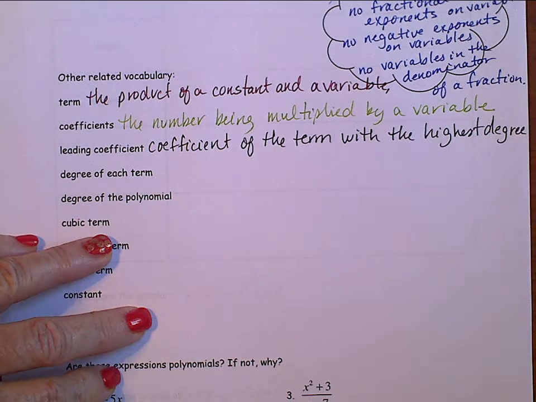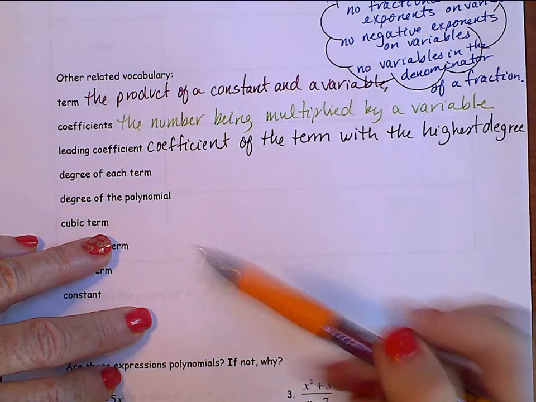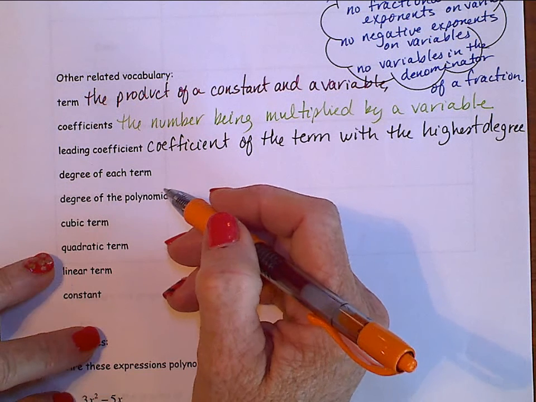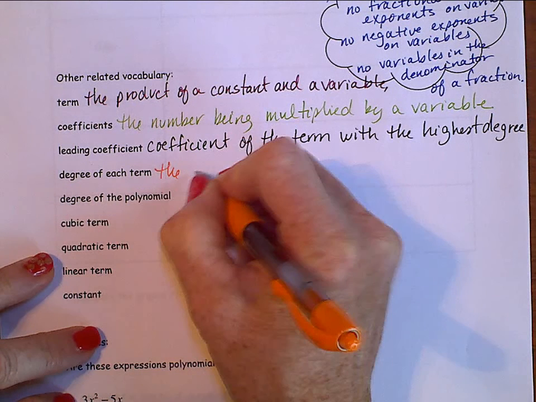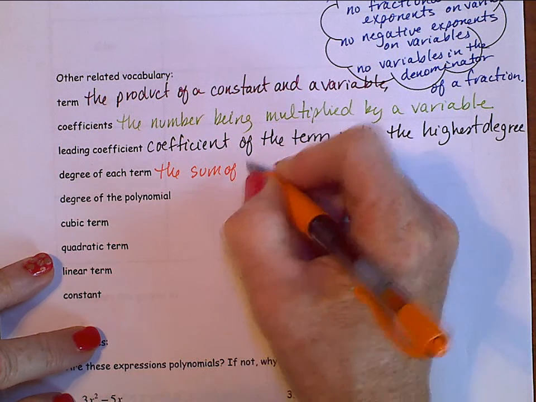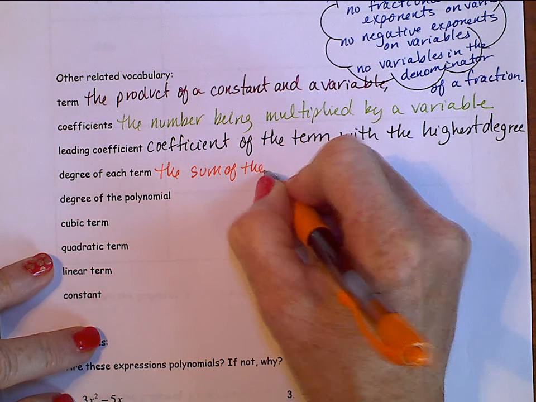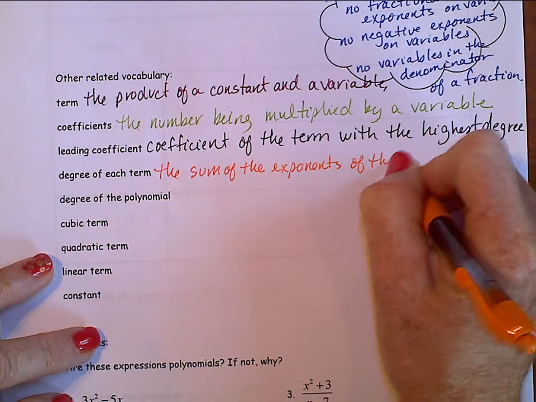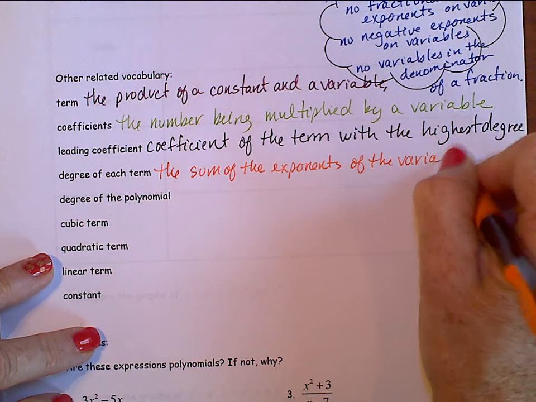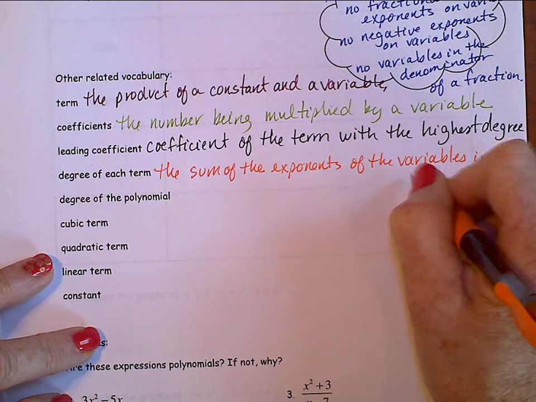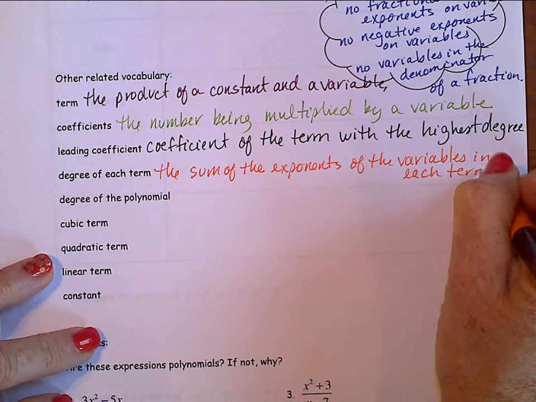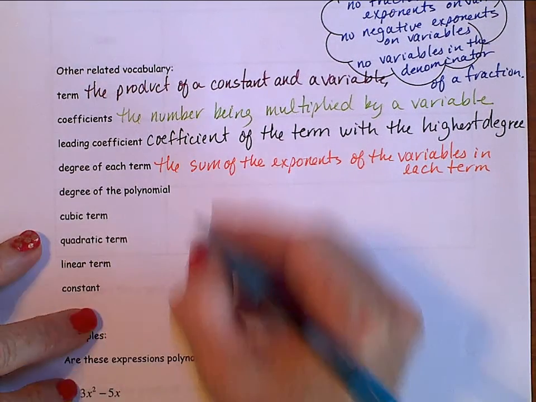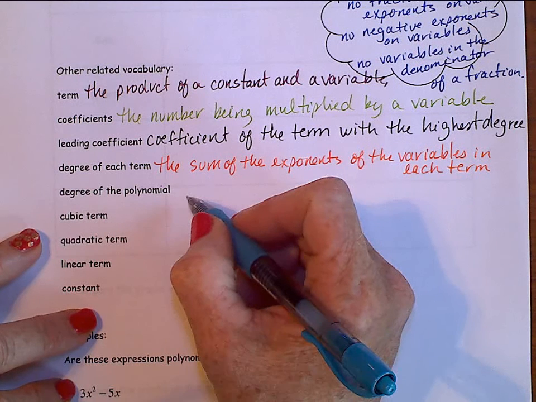And what is a degree, you say? The degree of each term is the sum of the exponents of the variables in the term. The degree of a polynomial is the same as the degree of the term with the highest degree.